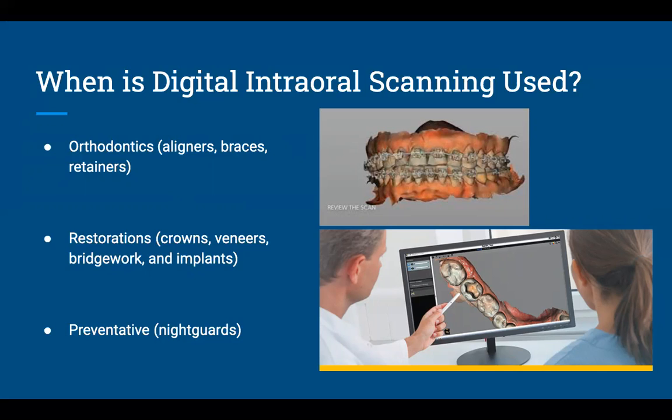And then also restorations. It's huge on this side. It can be used for crowns, veneers, bridge work, and implants. As you can see in the lower picture, they actually manipulated it like I talked about. They zoomed in and they can see more specific things that they're looking for. Also preventative, like night guards, they can use this device for.